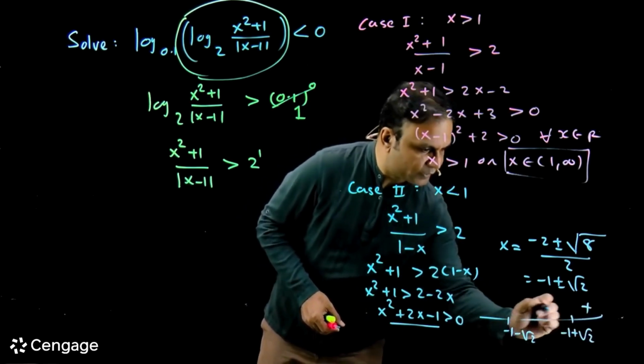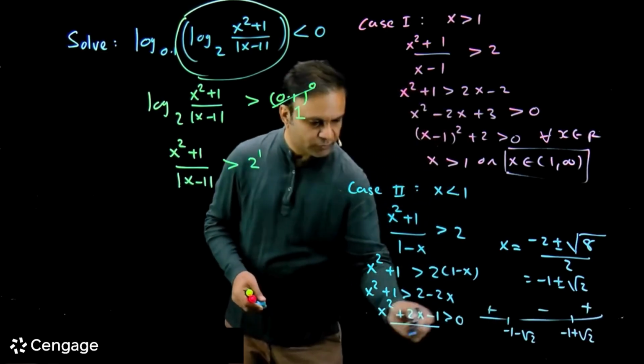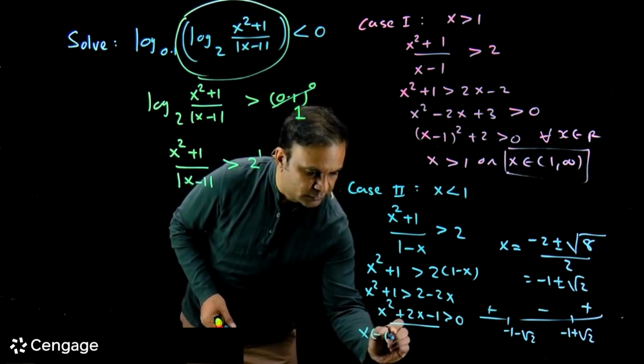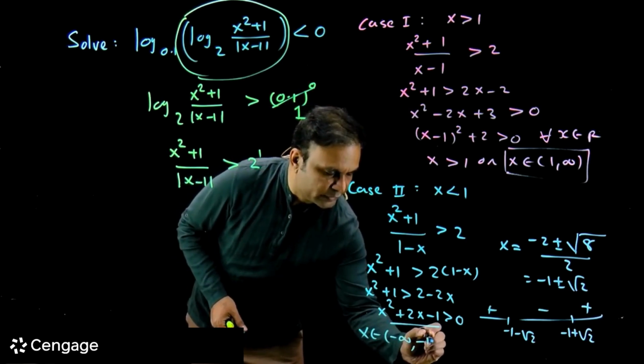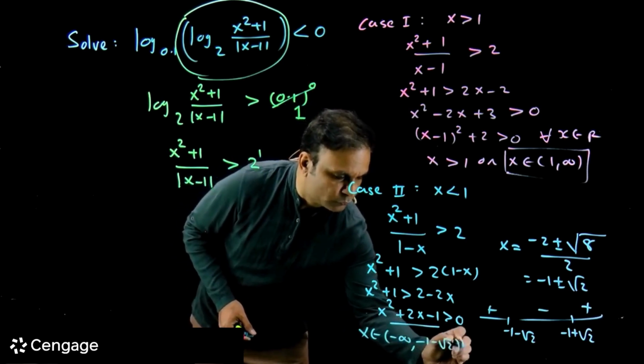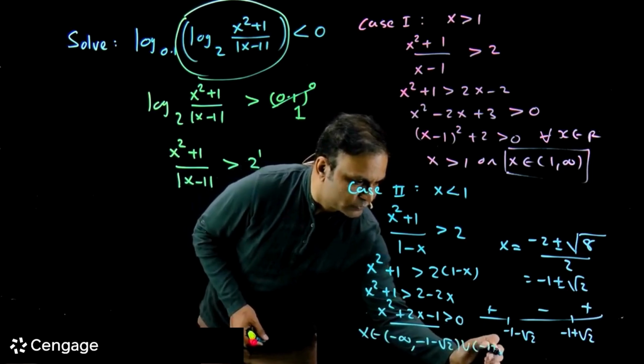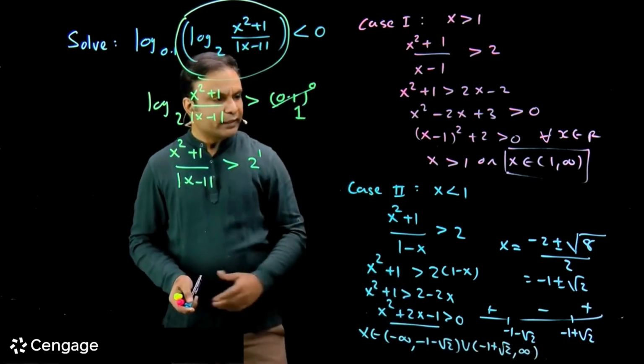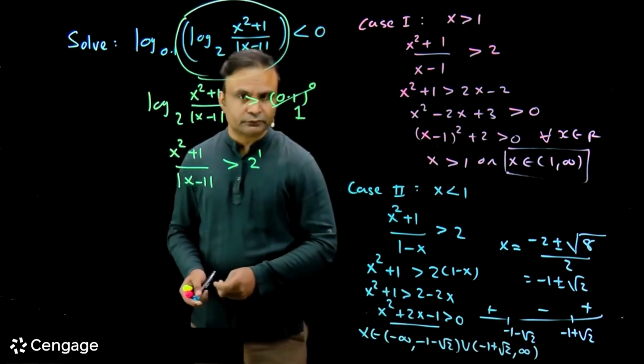The sign will be plus minus plus, and we want this expression to be positive. So my x is from minus infinity to minus 1 minus root 2 union minus 1 plus root 2 to infinity. But x is less than 1.